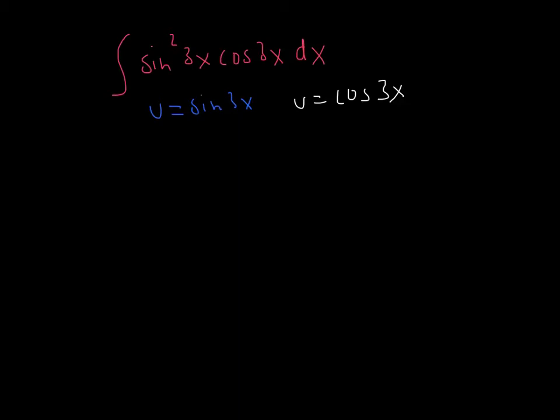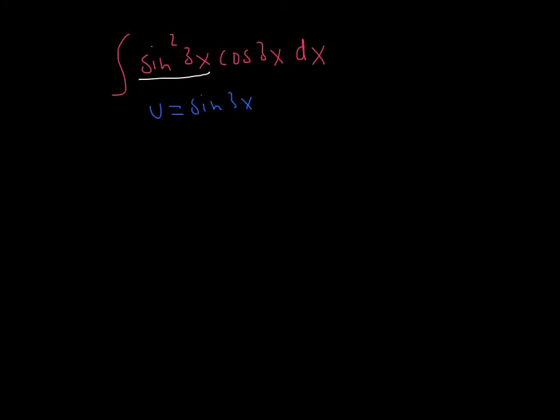Well, you can see that if you let u equal cosine of 3x, you take the derivative, and you're going to end up getting negative 3 sine of 3x. And that doesn't cancel out sine squared 3x, so that's not going to get us anywhere. So we don't want to let u equal cosine of 3x.